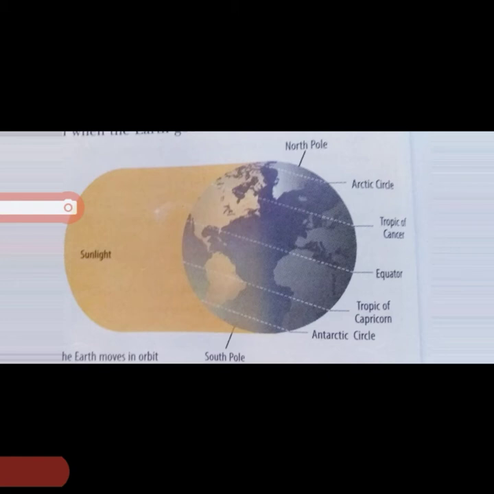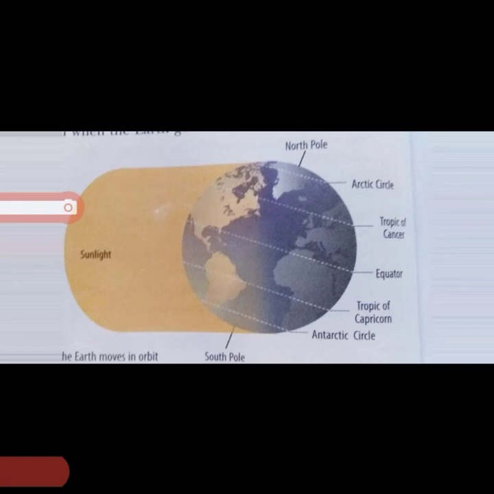But if you look at the Arctic Circle and Antarctic Circle, the Antarctic Circle is completely in day. So when the earth is rotating, the entire region beyond the Antarctic Circle will have day. Then in the northern hemisphere, beyond the Arctic Circle, you will see it completely dark.